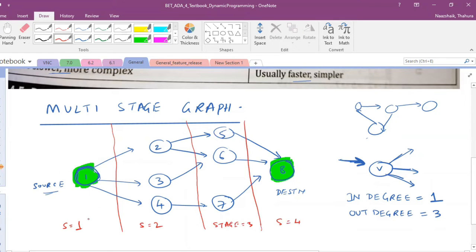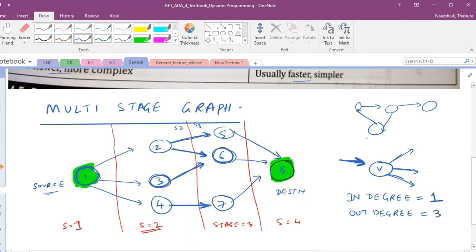Because when you look at stage 2, you have a vertex with edges going out to a different stage. That's a characteristic of this graph. Any vertex goes from stage 2 to stage 3. There it is going from stage 2 to stage 3, here also from stage 2 to stage 3. You're getting it? These edges always go from one stage to the next stage.